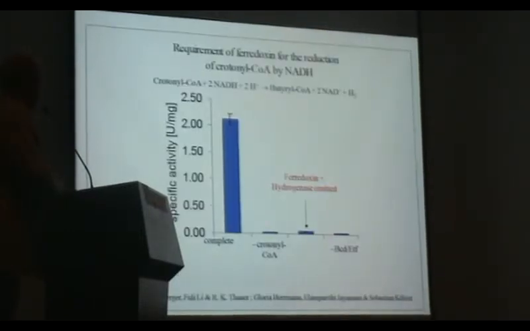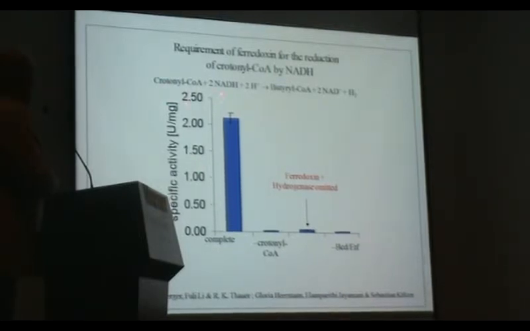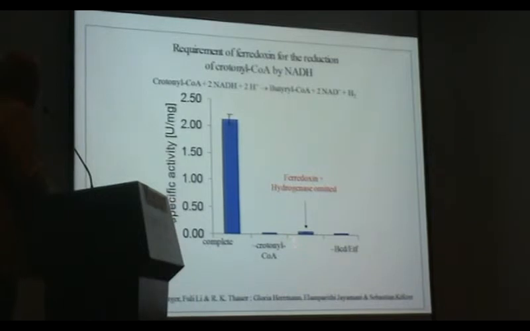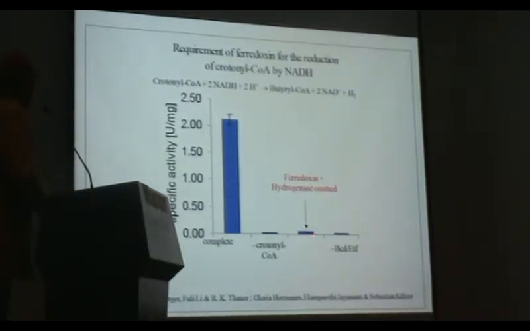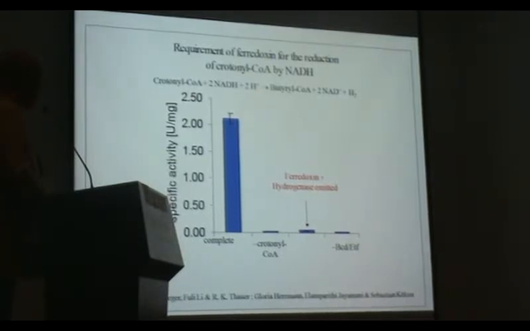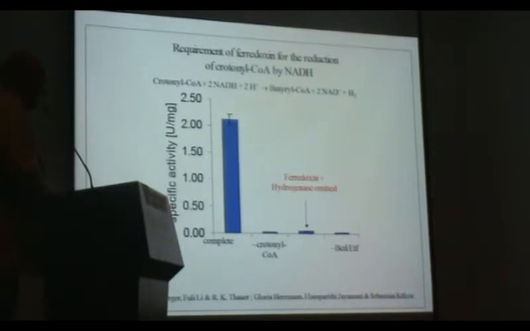And here you see when we added crotonyl-CoA and NADH, there was no reaction, but when we added ferredoxin and hydrogenase, we got this reaction, and we got the formation of hydrogen. The hydrogenase was added in order to recycle the oxidized ferredoxin.